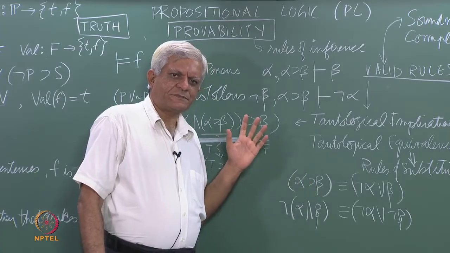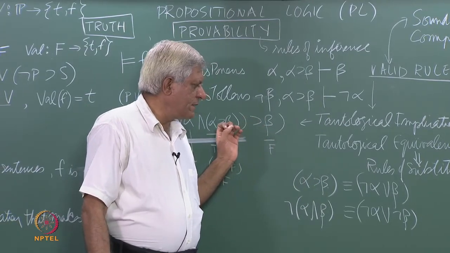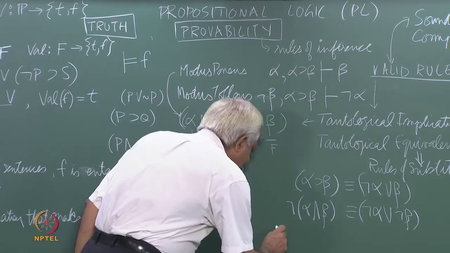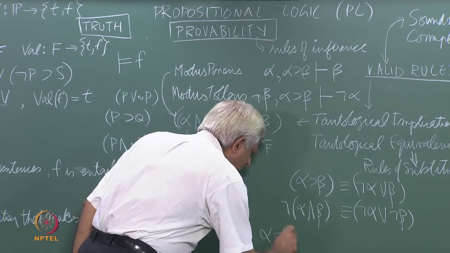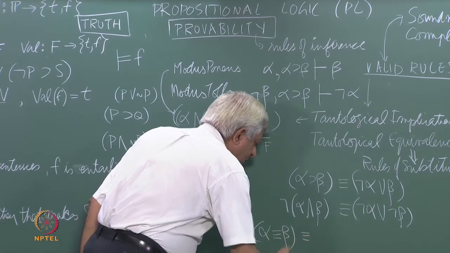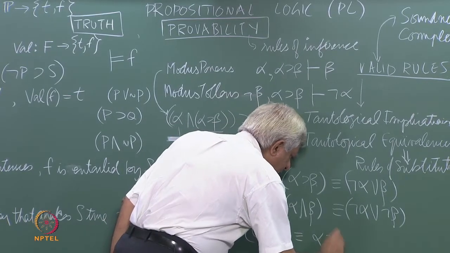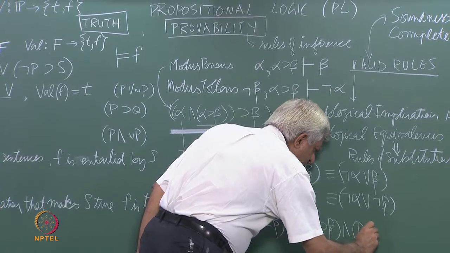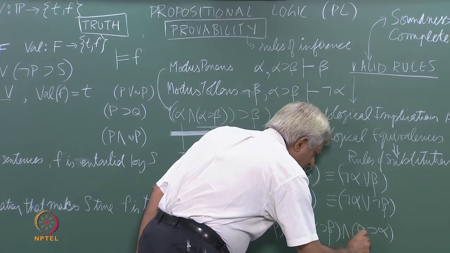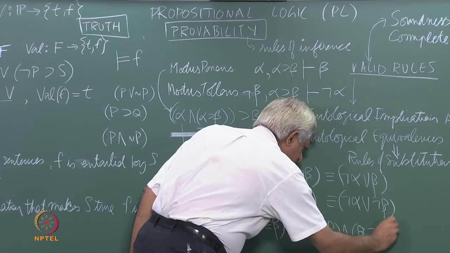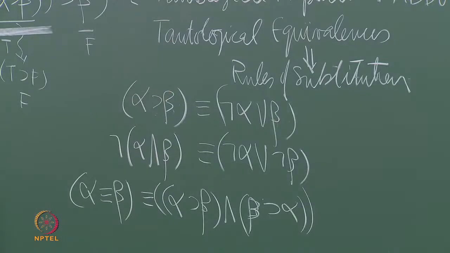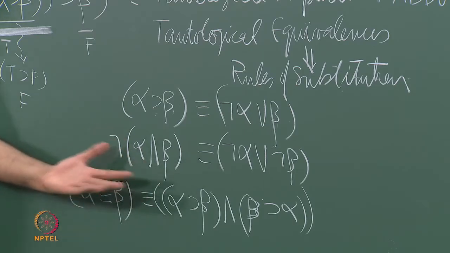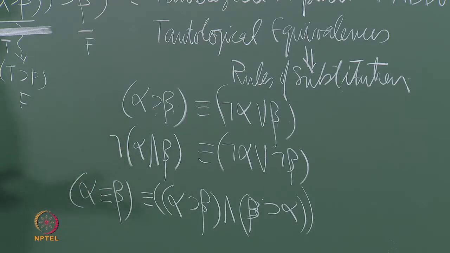You might remember, you can say something like alpha iff beta is equivalent to alpha implies beta and beta implies alpha. So, you can think of a rule of substitution as two rules of inference, going in both directions.